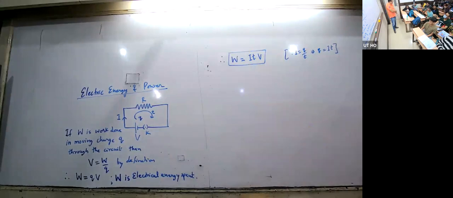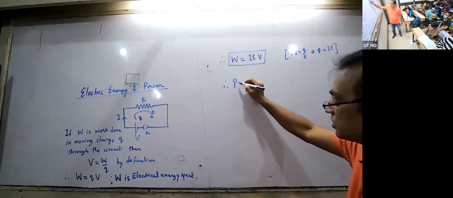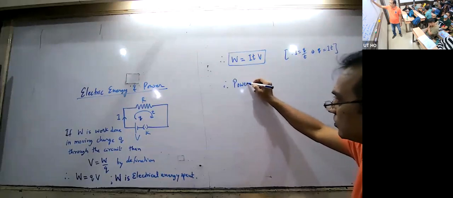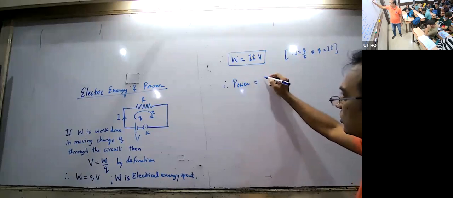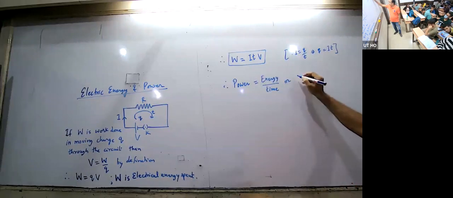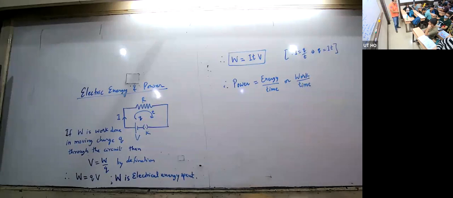Now, what is power? Which is energy spent per unit time. What is power? Electrical power. Therefore, power is energy upon time or work upon time, right? Work and energy are same.